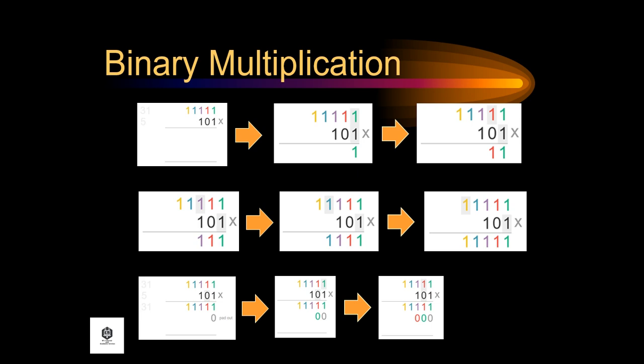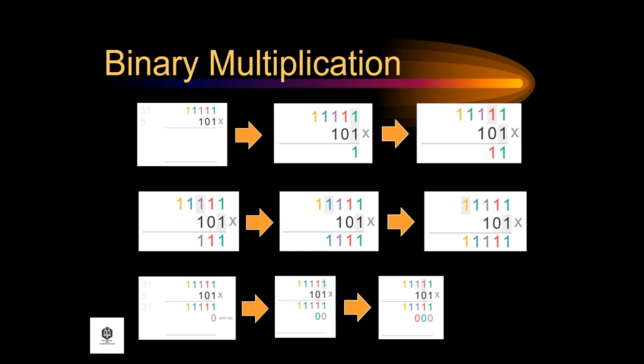Next, 1 times 1 is equal to 1. Next column, 1 times 1 is equal to 1. 1 times 1 is equal to 1. And the last column, 1 times 1 is equal to 1. Then next, proceed to pad out. Then proceed to the next number.